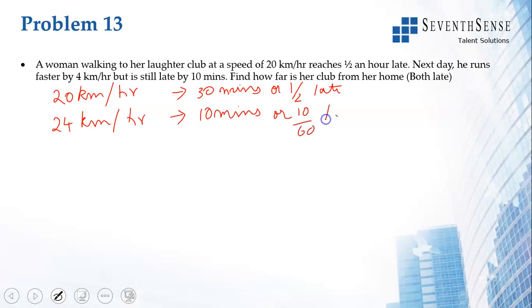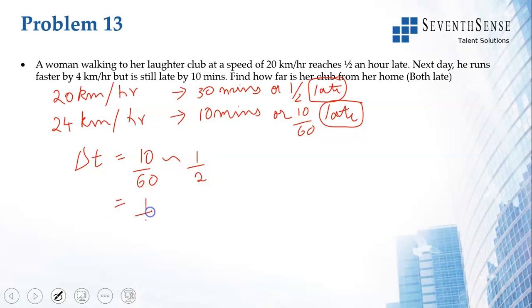So in both cases she is late, so delta T is the subtraction: half minus 10 by 60. 30 minus 10 is 20 by 60, which is 1 by 3. So that is delta T.